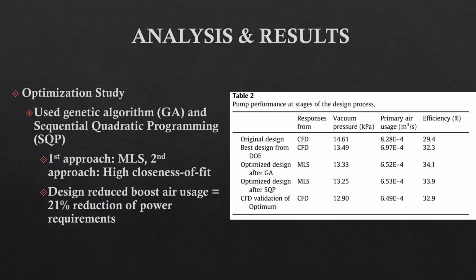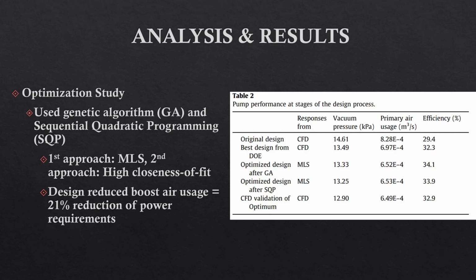Once all the design points were calculated and the results were shown on the graph, they used a genetic algorithm and sequential quadratic programming. The GA and the SQP were repeated on the surrogate model until a desirable design was found. The first approach used was a MOGA approach, and the second approach was a high closeness of fit approach.